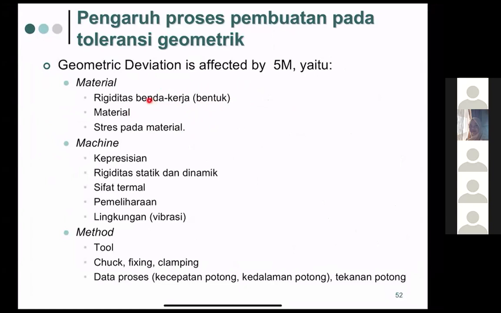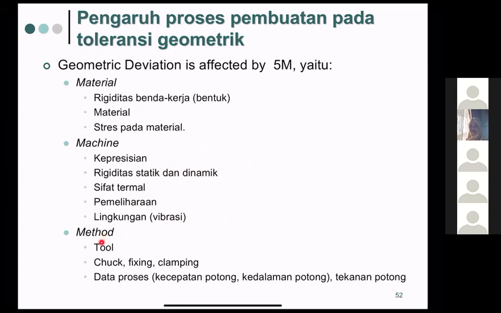If you work with titanium, it is very hard to machine, so it is difficult to get the precision that you want. This is also the machine: the precision, the rigidity, the thermal, and also the vibration. Maybe you watched some video in the last few weeks about how we machine something, and it depends on the machining and also the method.